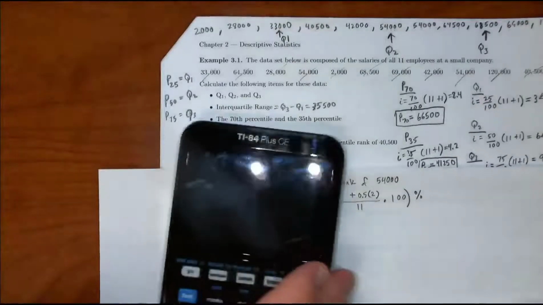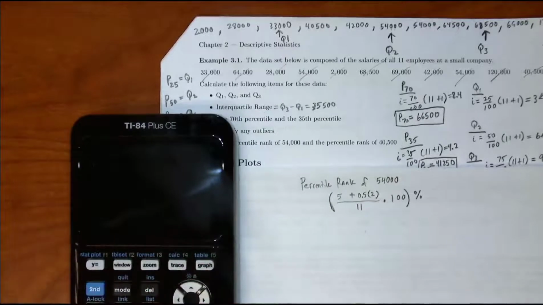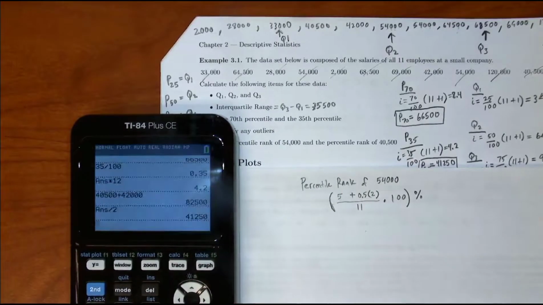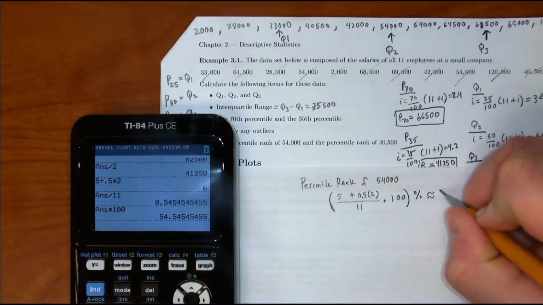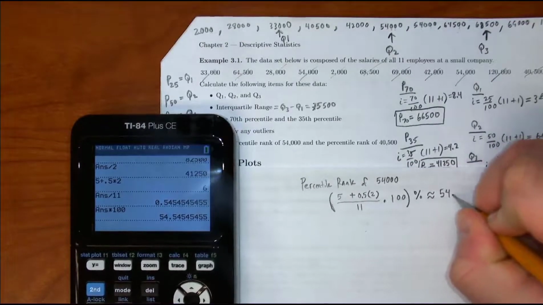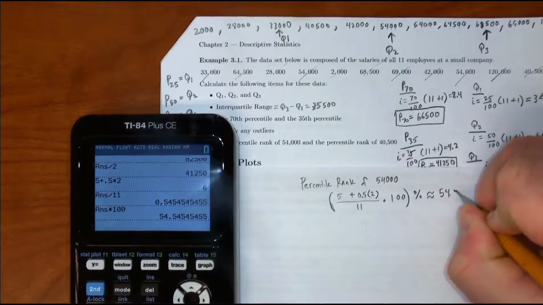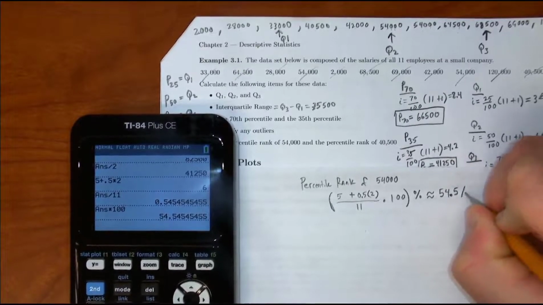So it's going to be 5 plus 0.5 times 2, which is just 1. 5 plus 1 gives you 6. Divide by 11 times 100. So the percentile rank, if we round to 1 decimal place, is about 54.5.